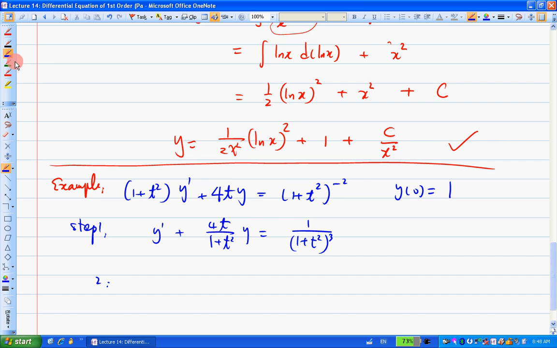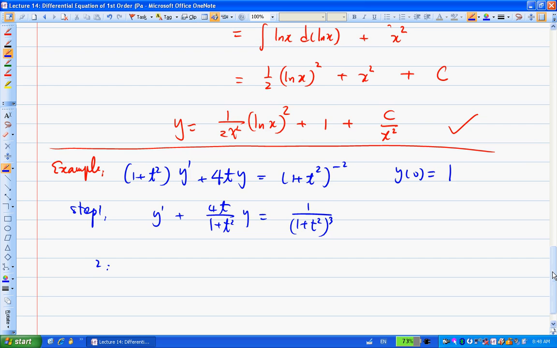Step number 2, we're trying to use the integrating factor method, because this is a linear ODE. So multiply a sigma on both sides of this equation.